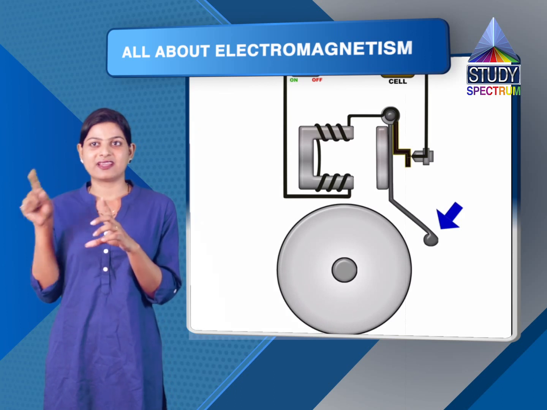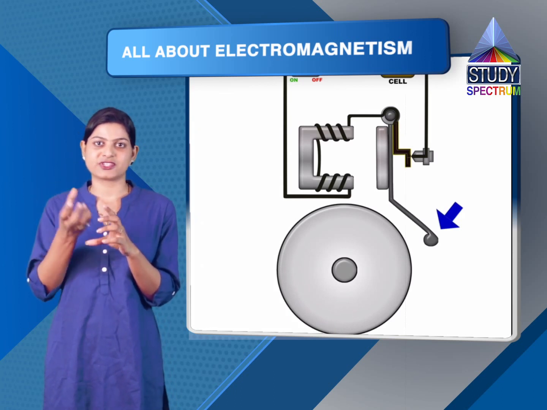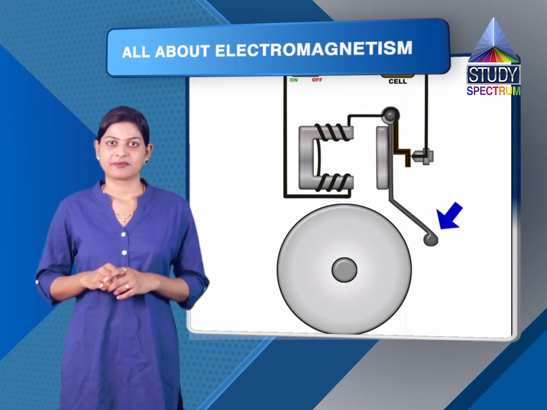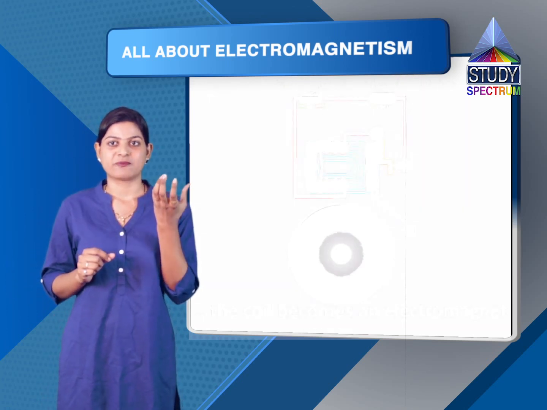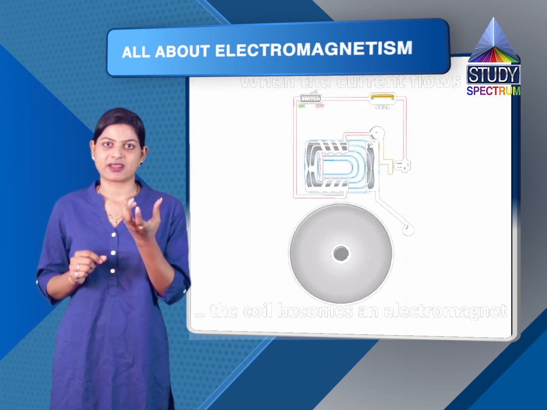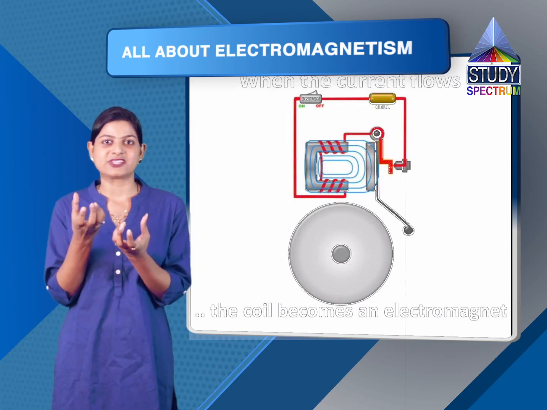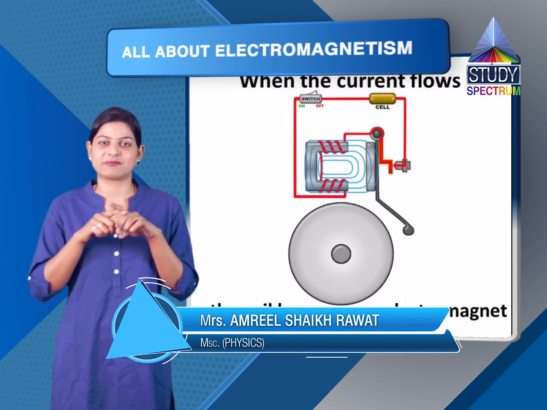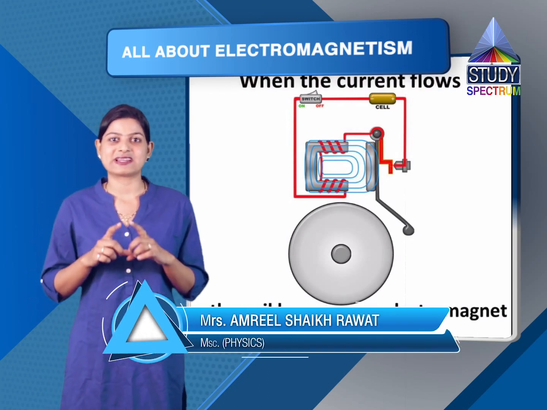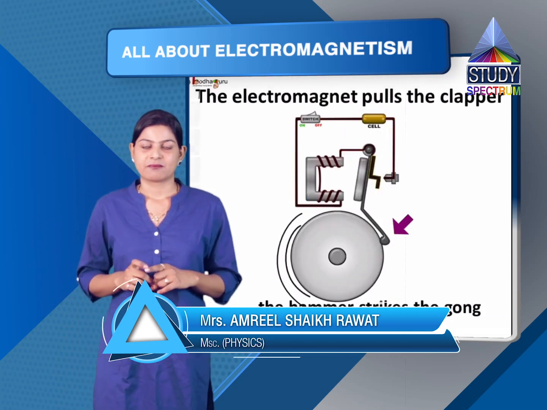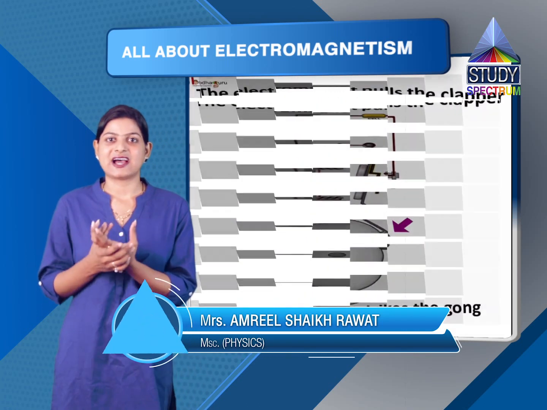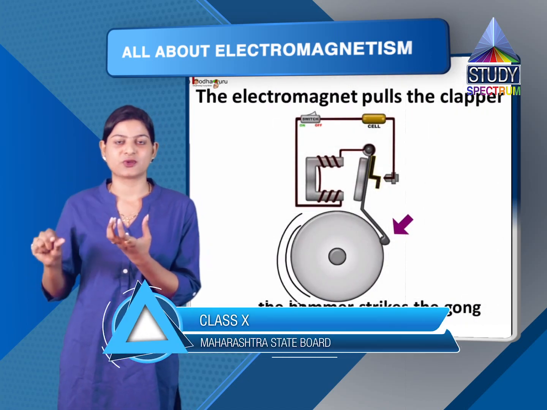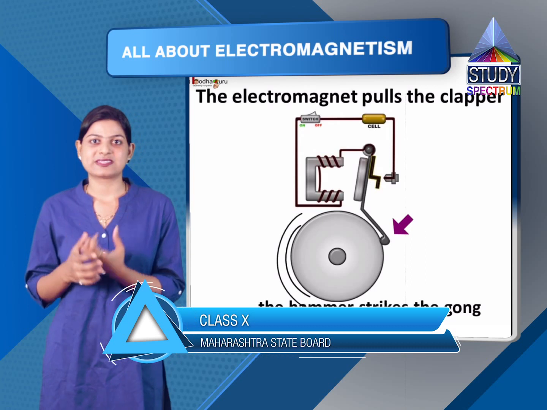There is another bell-like structure which is attached to the solenoid, and there is a gong. Because of electromagnetic power in the solenoid, the bell-like structure connected to the solenoid also gets magnetized because it is also coming in the magnetic field. As it gets magnetized, it starts attracting the gong of the bell, which is also made of metal, towards itself.